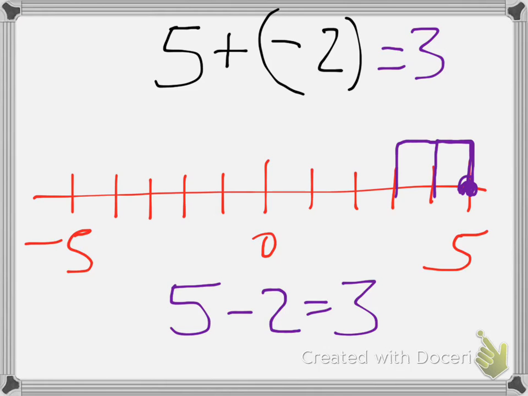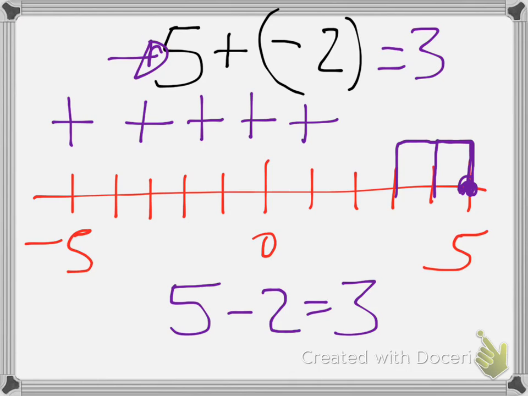We could also take a look at this, instead of using a number line, with the use of positive and negative symbols. So if I were to show that here, I could show positive symbol, positive symbol, positive symbol, positive symbol, positive symbol. I've got 5 positive symbols to represent my number 5 that started right there.